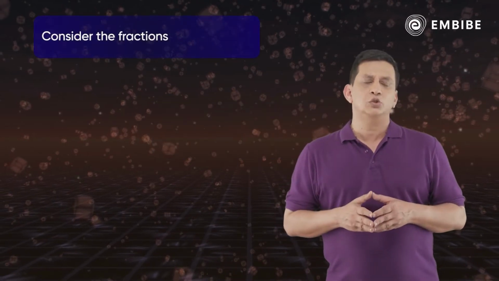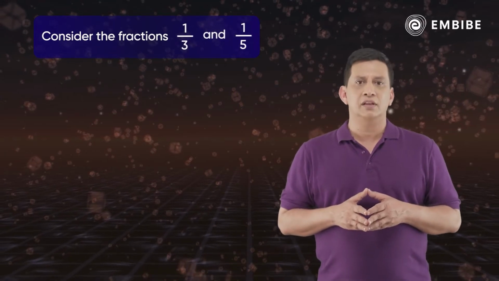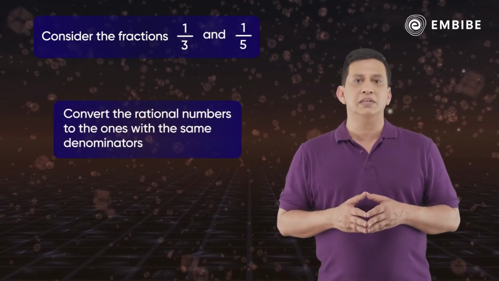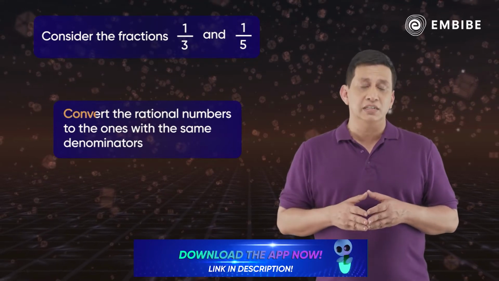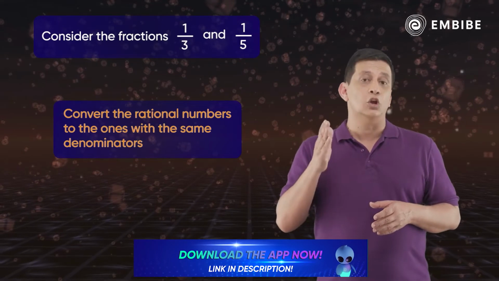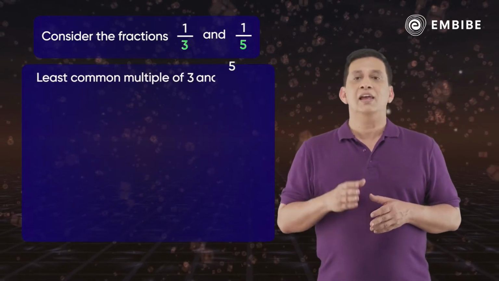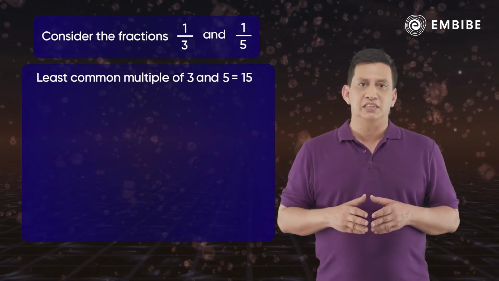Let us consider 2 fractions, 1 by 3 and 1 by 5. For comparing the 2 rational numbers, it is important to convert them to rational numbers with the same denominators. The least common multiple of the denominators 3 and 5 is 15.